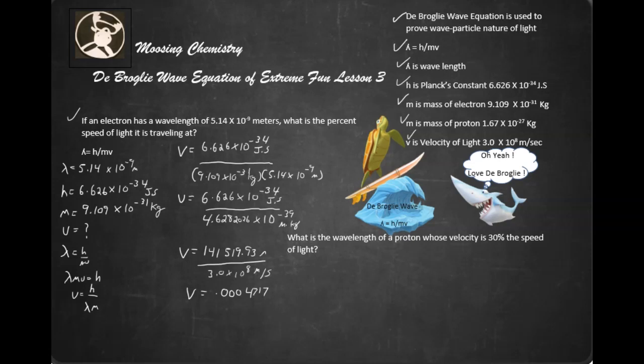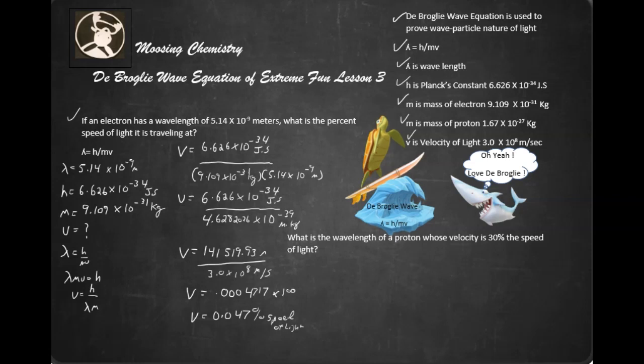But we have to multiply that by 100 to get the percent, since that's a fraction of the speed of light. So our velocity is 0.047% the speed of light. Okay, there's the answer to the first one.